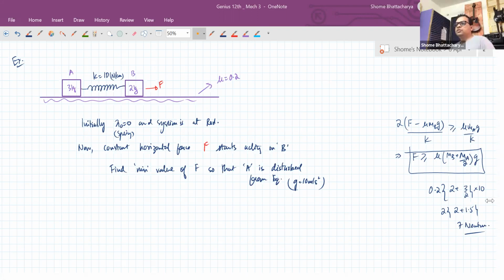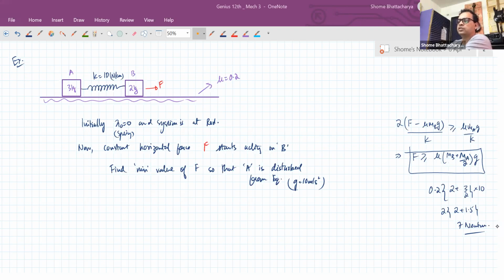Okay, now the thing you have to be very careful about in this question is the limiting condition for A to get disturbed. Okay. So when is A experiencing the maximum spring force? It is not when B comes to equilibrium. Rather the other way, it's when B comes to rest. So if you assume A is not moving, then when has A got the maximum tendency to move?